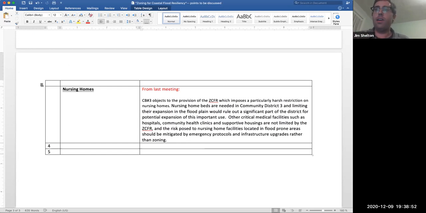And whereas these regulations are easier for highly capitalized new developments to take advantage of, and the same regulatory incentives are not as financially viable for existing building owners, which may further exacerbate built fabric inequities in CD3, with newer buildings having stronger resiliency infrastructure in place. A lot of this was just copied and pasted from what Olympia sent in and what Lisa wrote, and so trying to incorporate everyone's language into that.